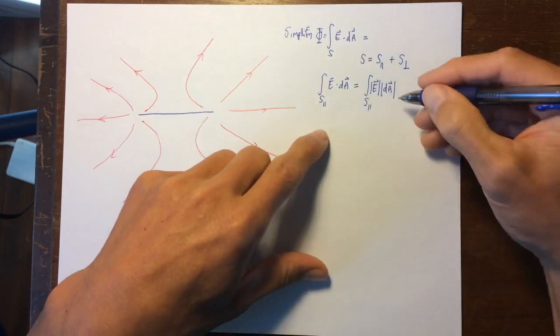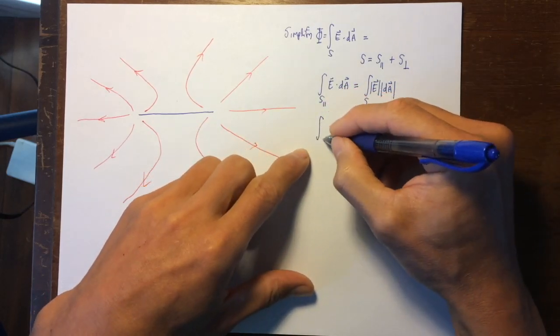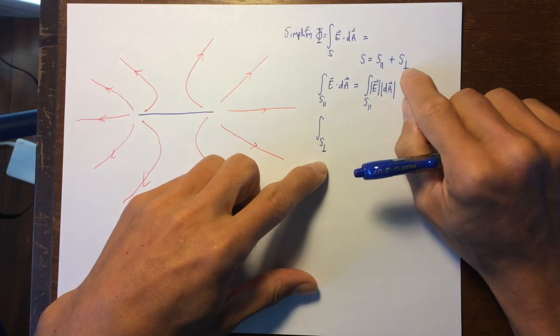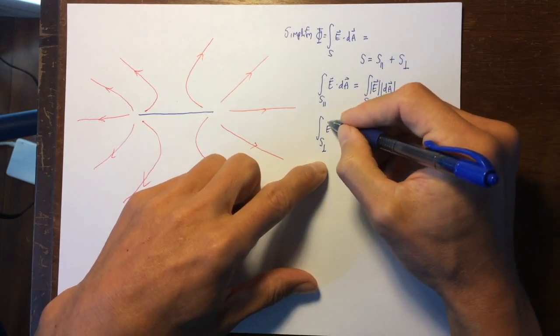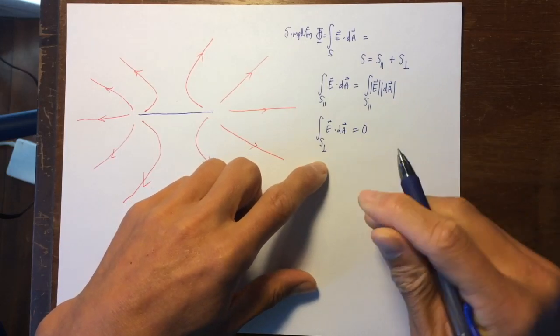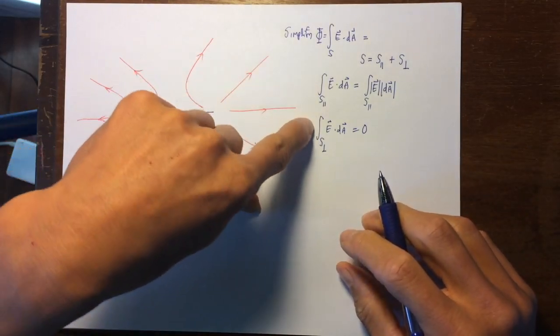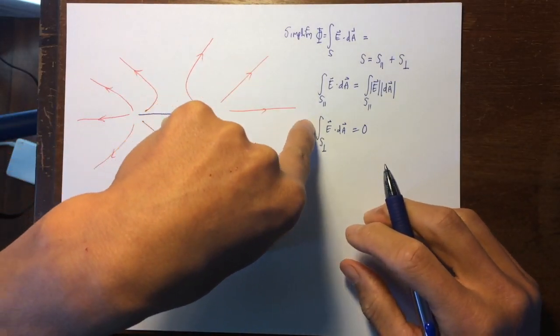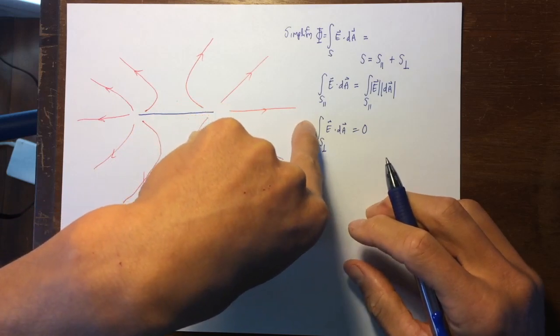And then also there is an integral over the perpendicular parts of S, and that is equal to 0. So this happened in the case of the infinitely long, straight line charge, uniform line charge density.